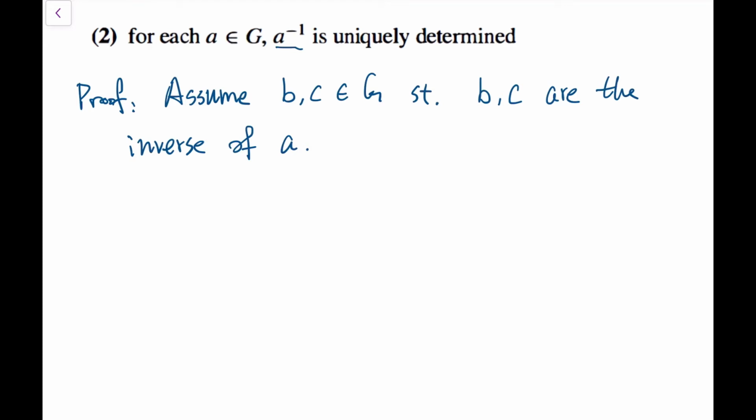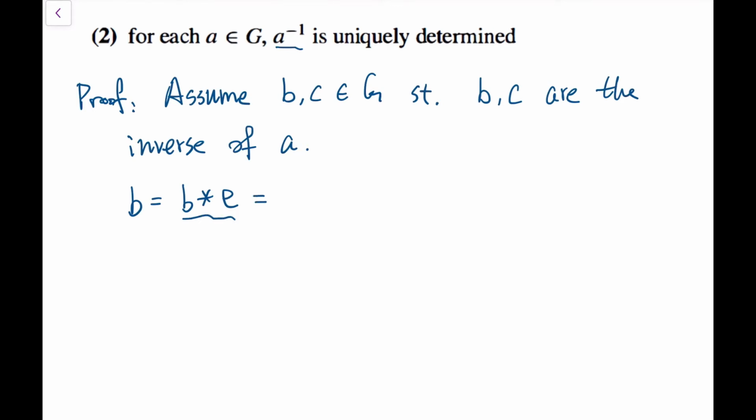So to show that, let's look at those inverses. For example, let's look at B. What is B? Because we don't have too many properties or definitions we can use, it looks like we can only use the property about the identity. So B is just B star E, where E is the identity element in G. So we get this.